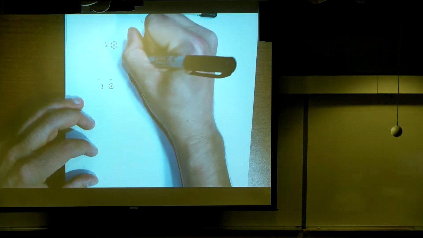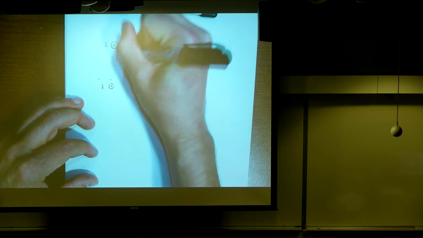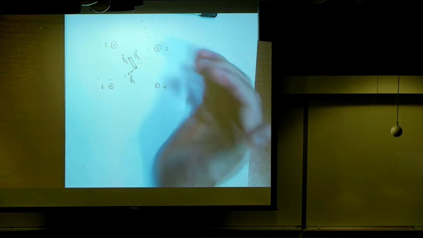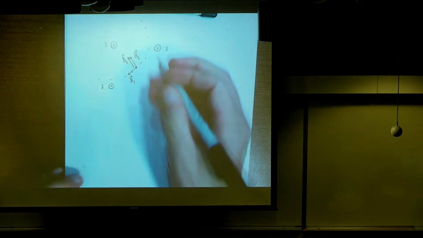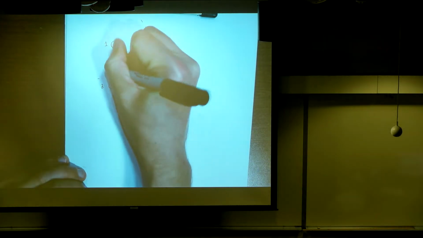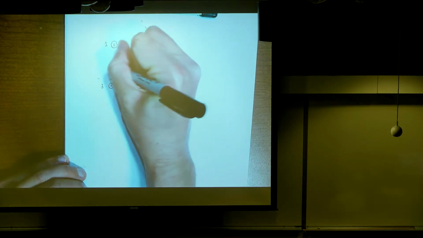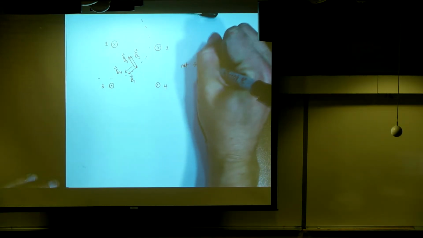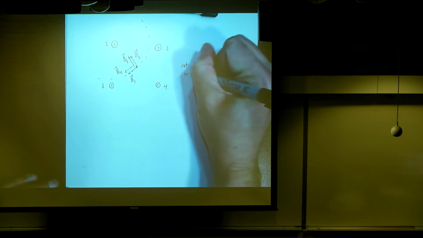So at this point, that's up and to the left. And then finally, B4 circulates around the wire this way. So that's another one going down and to the left like this. So if we add these all up, hopefully you can just see the net field is to the left.